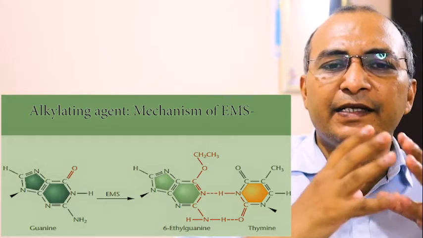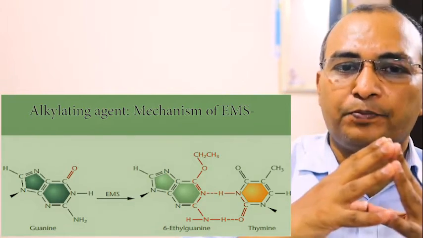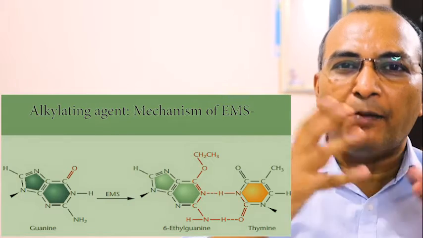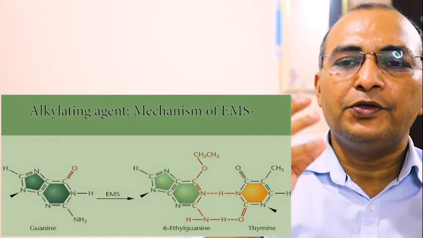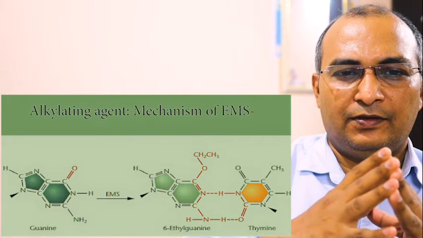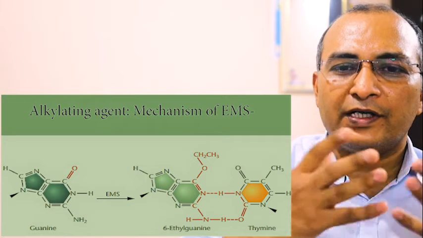These alkylating agents donate an alkyl group to the amino group or keto group present on purine. The alkyl group may be methyl or ethyl.